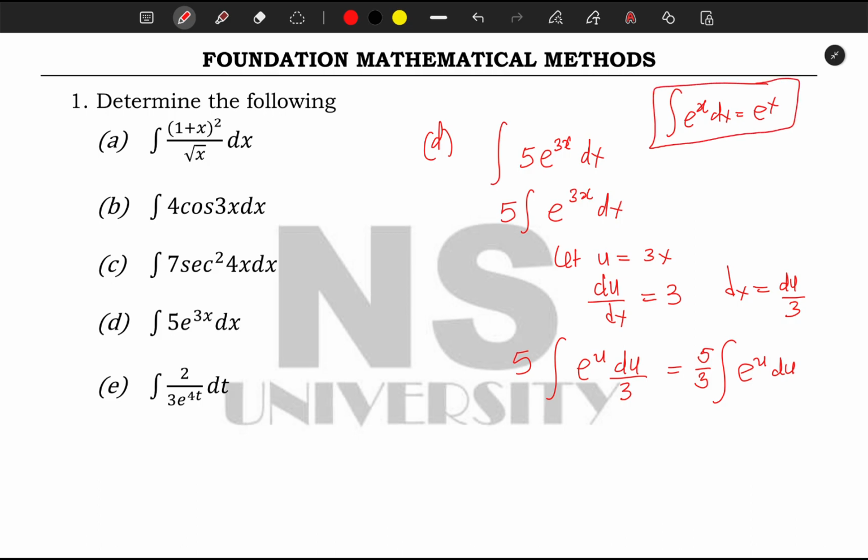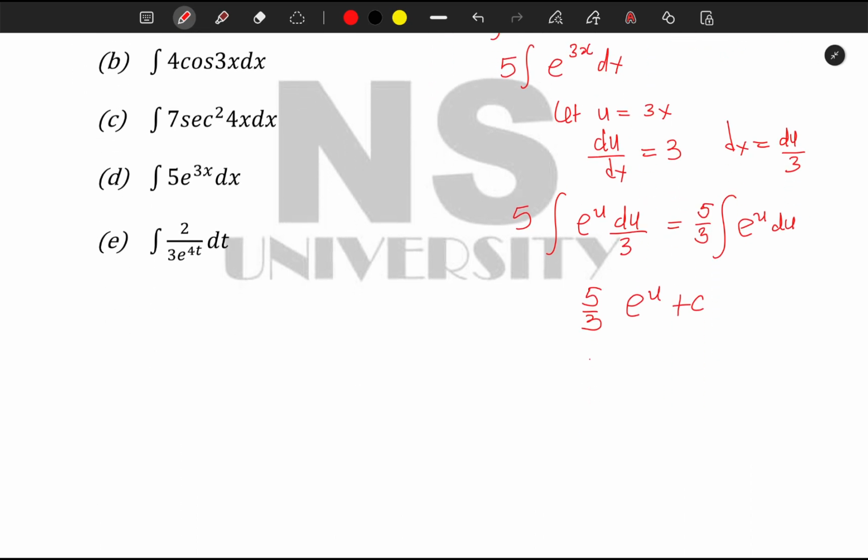There's nothing complicated about that. So the integral of e to the power u is just e to the power u plus c. But we know u is actually 3x. So this will take us to 5 over 3 e to the power 3x plus c. Just like that.